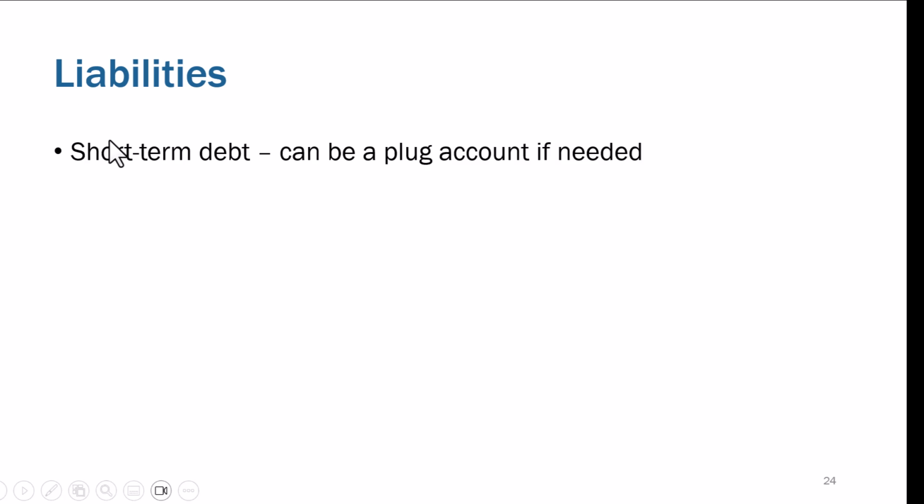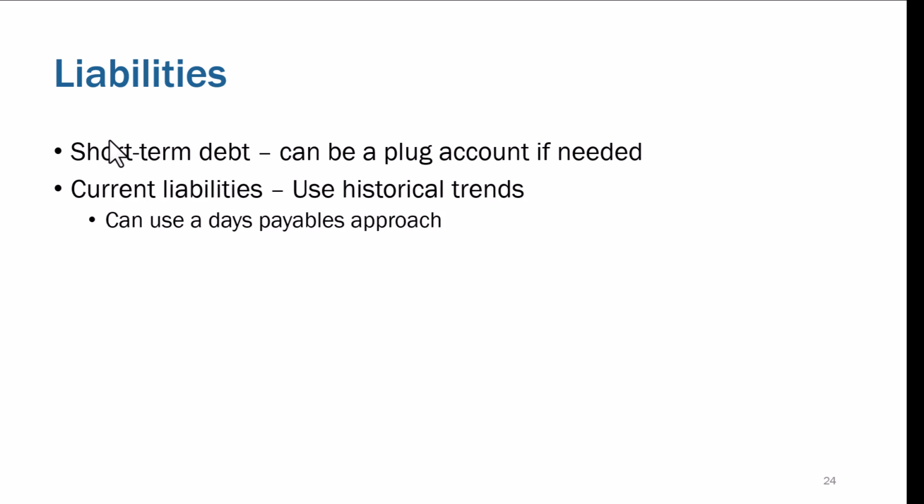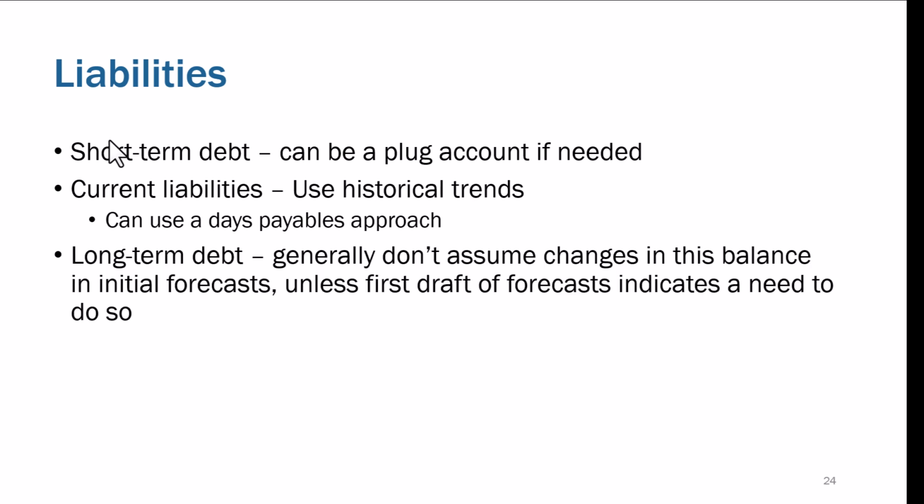The next part, when we are looking at the liabilities, we have short-term debt. As discussed above in the cash section, this can be a plug account if needed. Otherwise, we'll oftentimes just hold it constant. For current liabilities, use historical trends as a percentage of sales. More sophisticated forecasts would use a days payable approach.